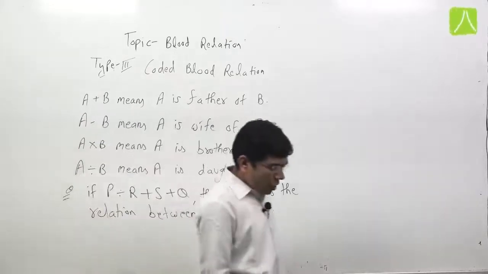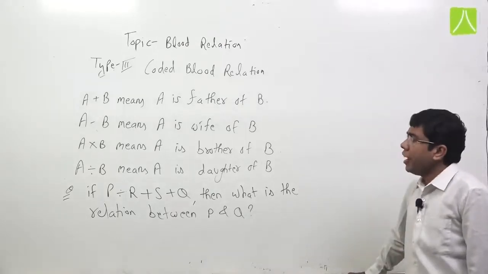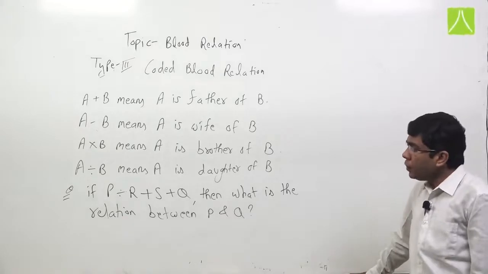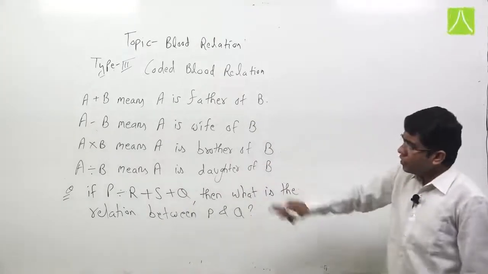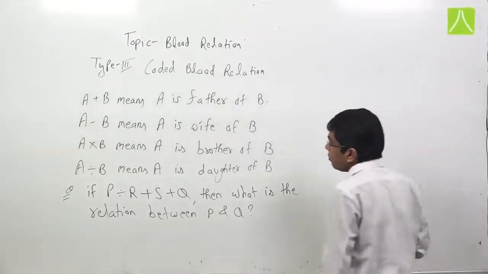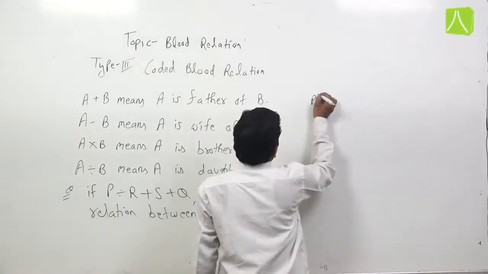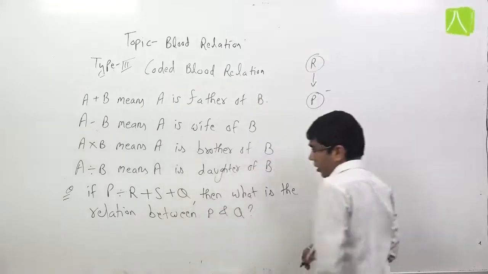Now we have to answer this question on the basis of the given statement, and in the given statement the coding is applied. P divide R should be read like this: A divide B means A is daughter of B, then P divide R means P is daughter of R.